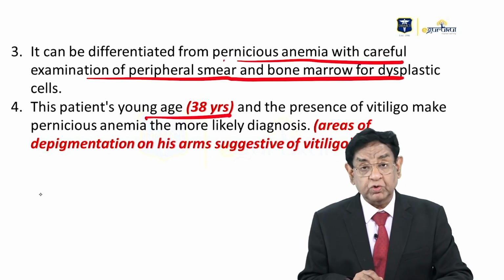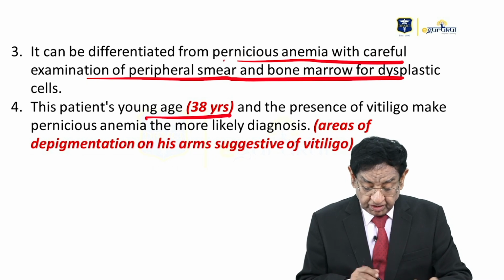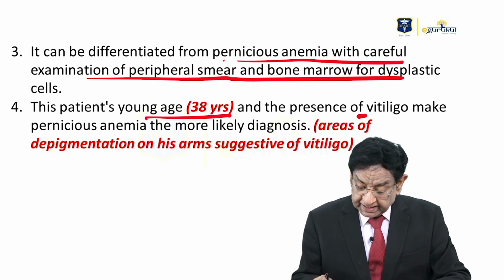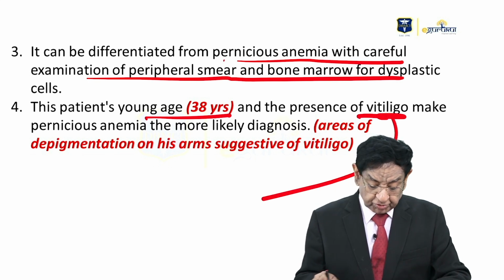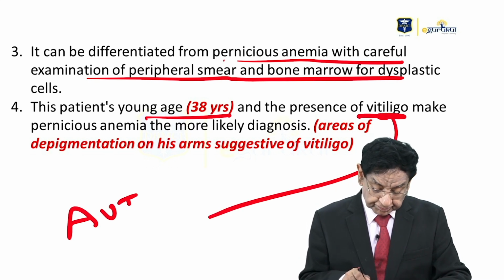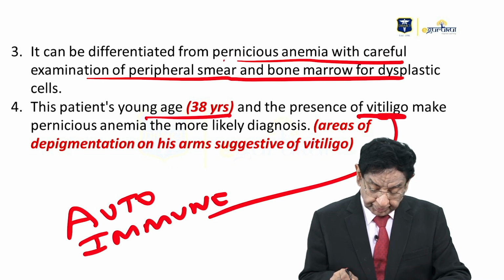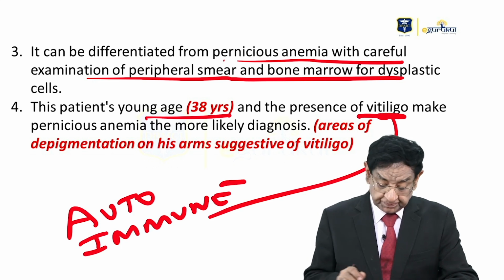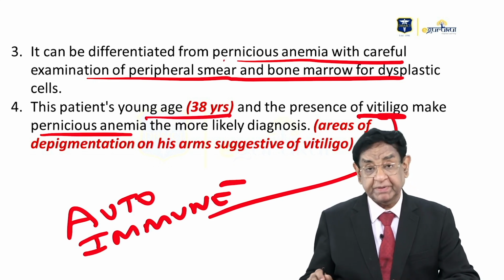Young age goes not in favor of myelodysplastic syndrome. Vitiligo, which is due to an autoimmune process, is unlikely to be seen in myelodysplastic syndrome; it is more seen in pernicious anemia.